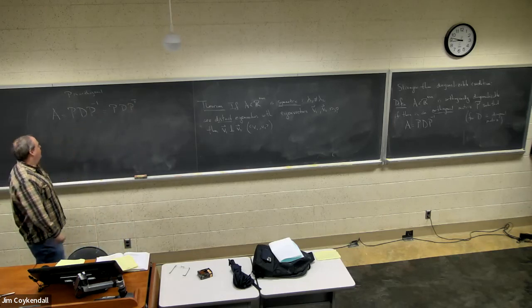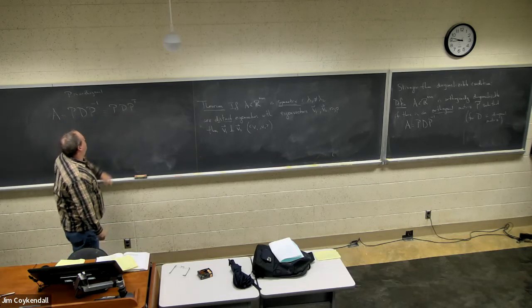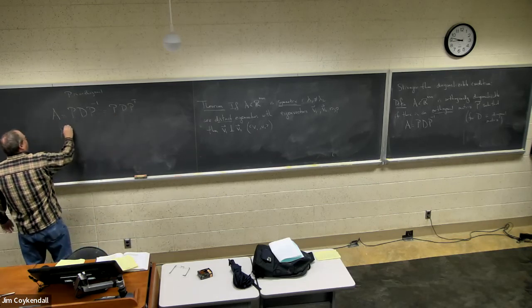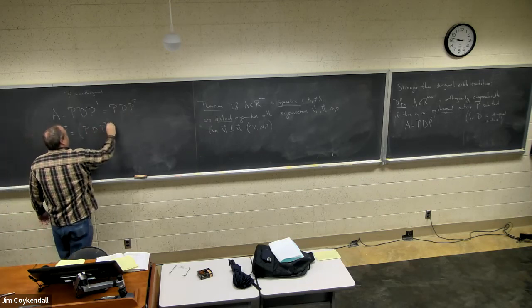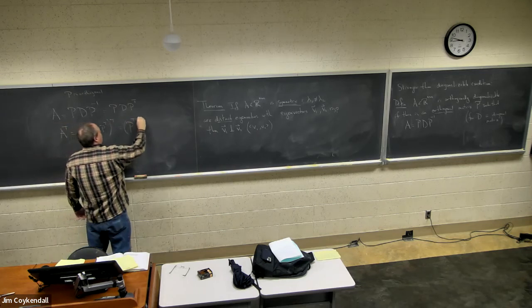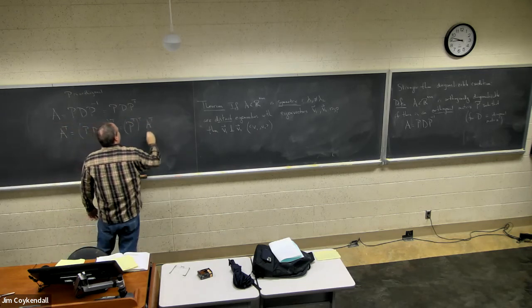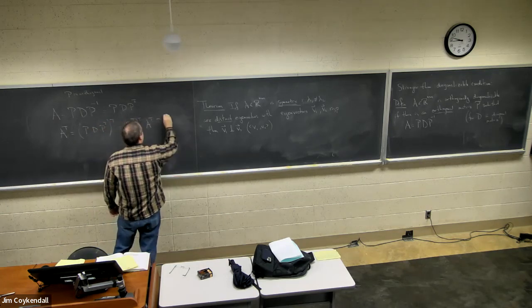Now, watch this. A is equal to P D P transpose. So A transpose is P D P transpose, transposed, which is P transpose transpose, D transpose, P transpose.